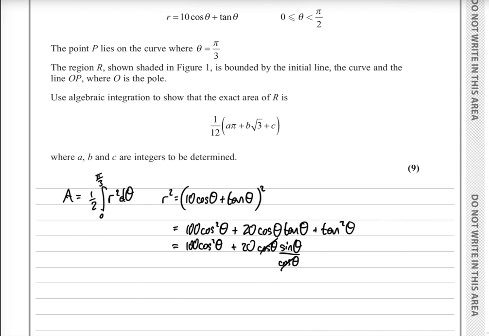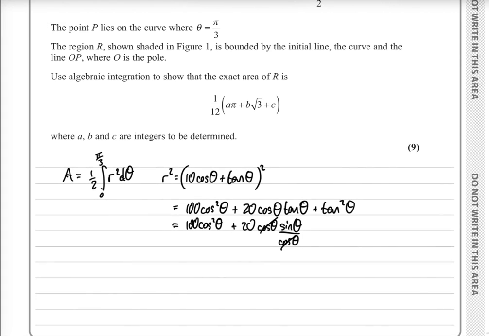This one we can change into a cos 2 theta using the double angle formula. Cos 2 theta is equal to 2 cos squared theta minus 1. And the tan squared doesn't look very nice either, but we can use an identity for that as well. That is tan squared theta equals secant squared theta minus 1.